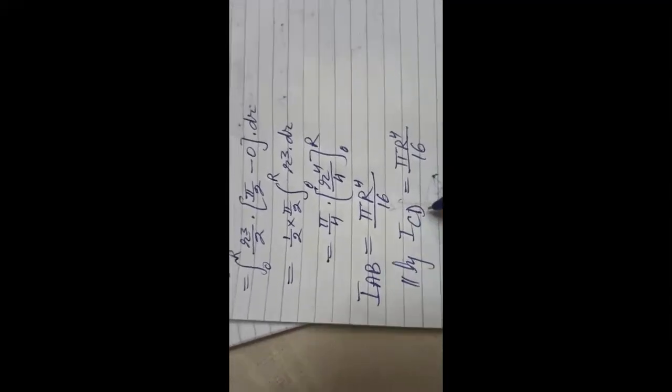This is IAB. Similarly, ICD. This is CD. So again ICD equal to IAB, as we have derived, pi r to the power 4 upon 16. So IAB is equal to ICD.